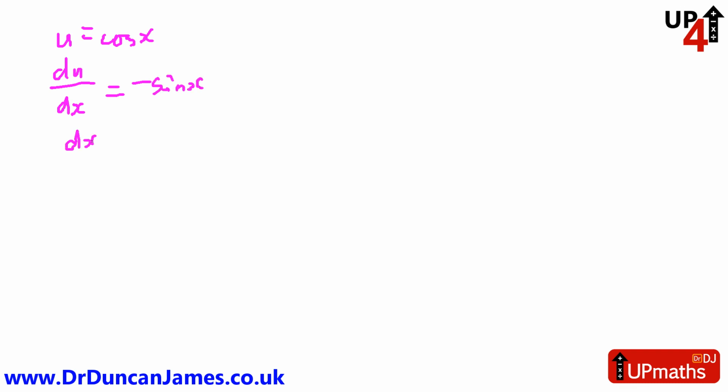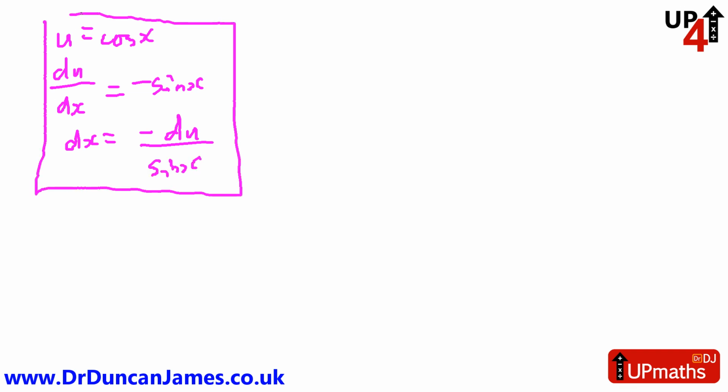So dx equals, I'm kind of going a bit fast here, so I've got to be careful, minus du over sine x. It just so happens I'm going to use the same substitution for both, so that's going to save a bit of time.